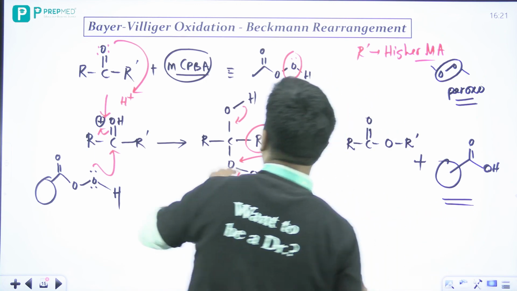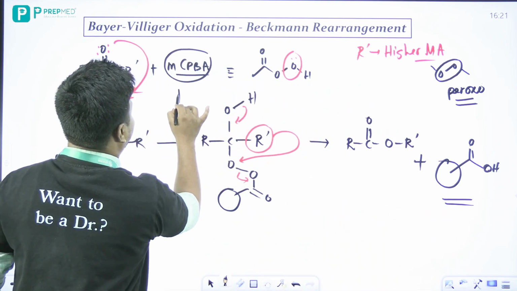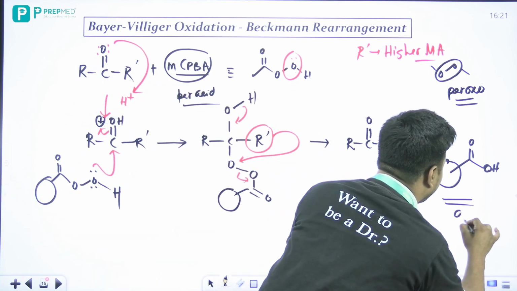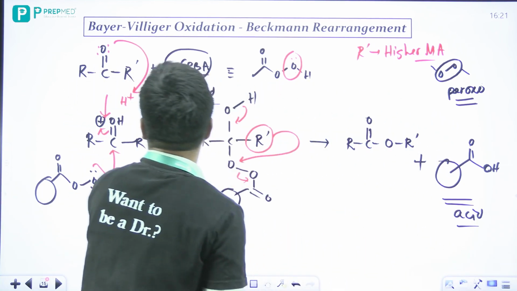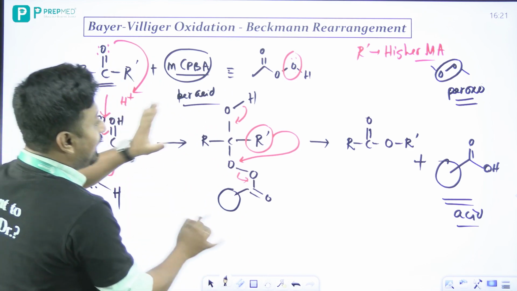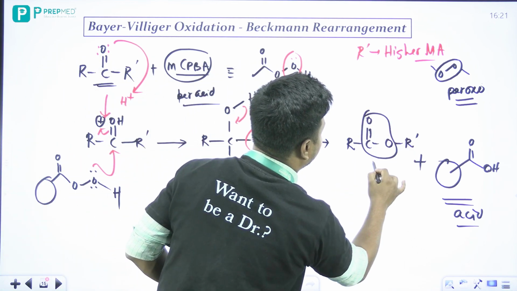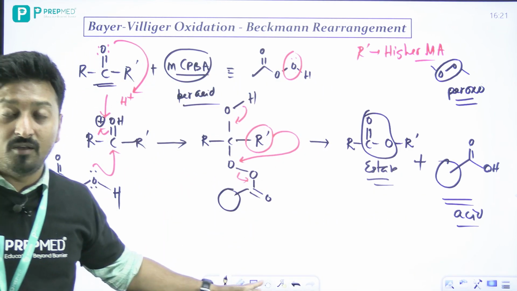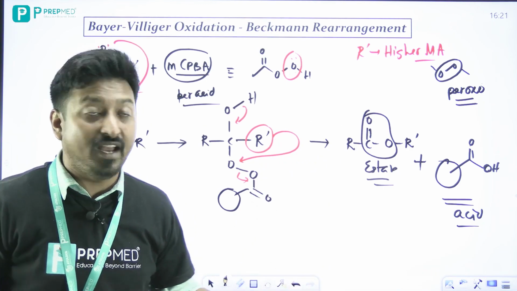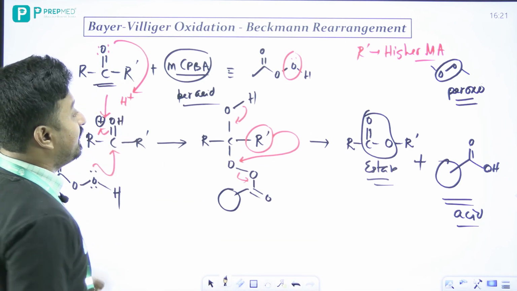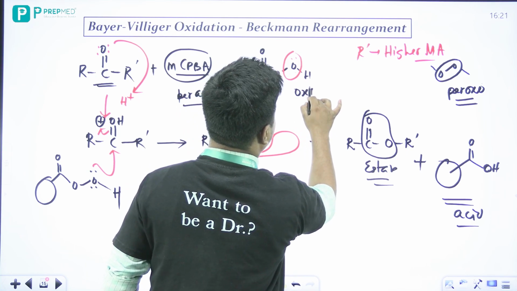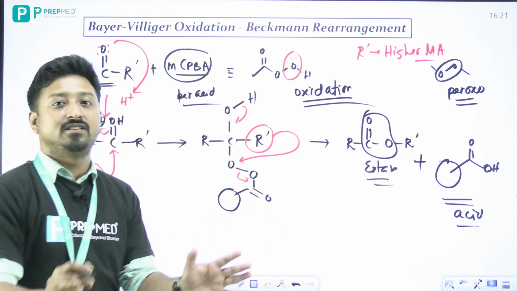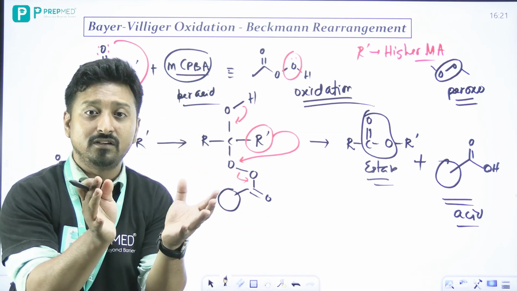The peracid after the reaction is now converted into a normal acid, and our ketone has converted into the corresponding ester molecule. So this is all about your Baeyer-Villiger oxidation reaction. Since oxygen is added here, this reaction is nothing but an oxidation reaction. Very simple and short method.